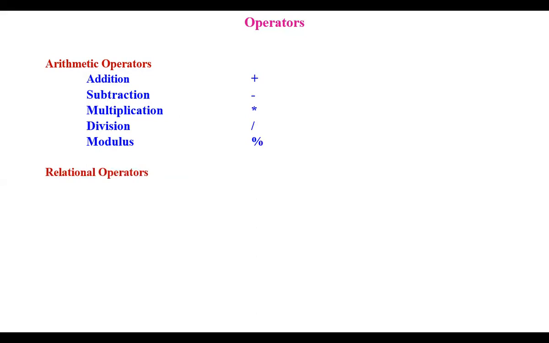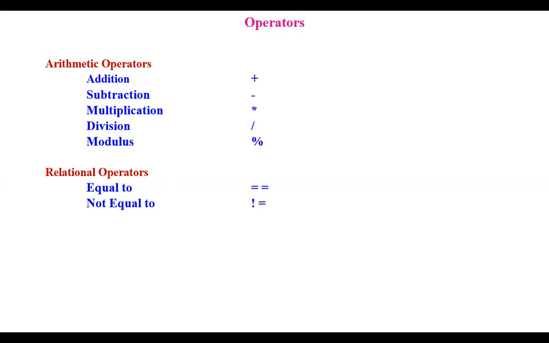Relational operators. Relation, right? Comparing numbers, like which one is bigger, which one is smaller, which are equal. So we can compare using these operators. They are equal to or not equal to, right? Don't worry for the time being; we are going to discuss each and every thing here in detail. What is not equal to? When you are comparing two numbers, they are either equal or not equal.